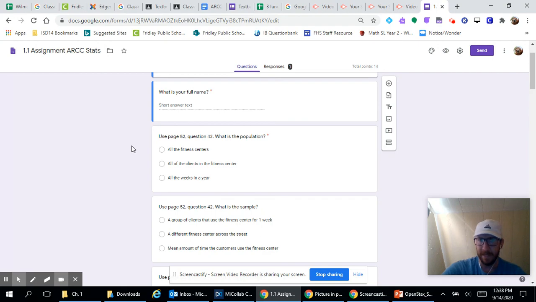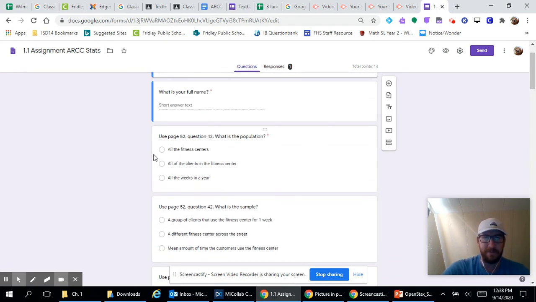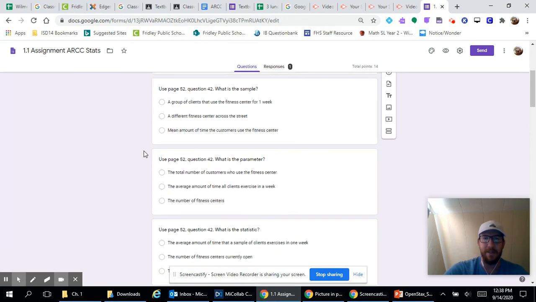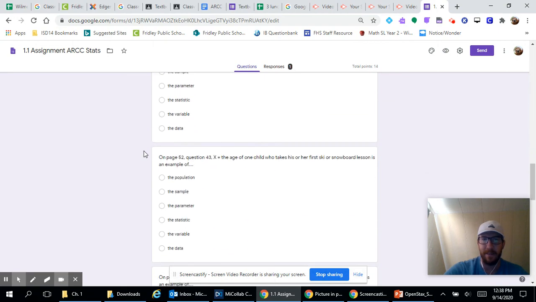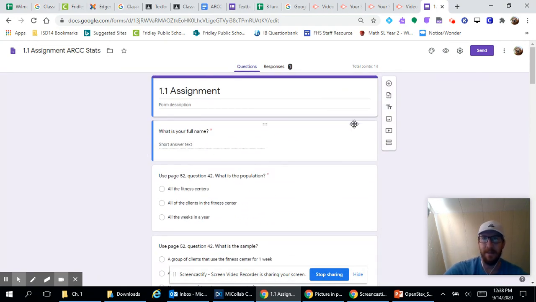So I just have multiple choice questions. It's going through each problem. So you do have to use the book, go to page 52, and you do need to read question 42. So it's going to be a bit of reading. You can use the online book or the physical book. I think the physical book is easier. And then you just select your answers there. And yeah, I don't think it'll be too bad. And there we go. That's our first section on vocabulary.